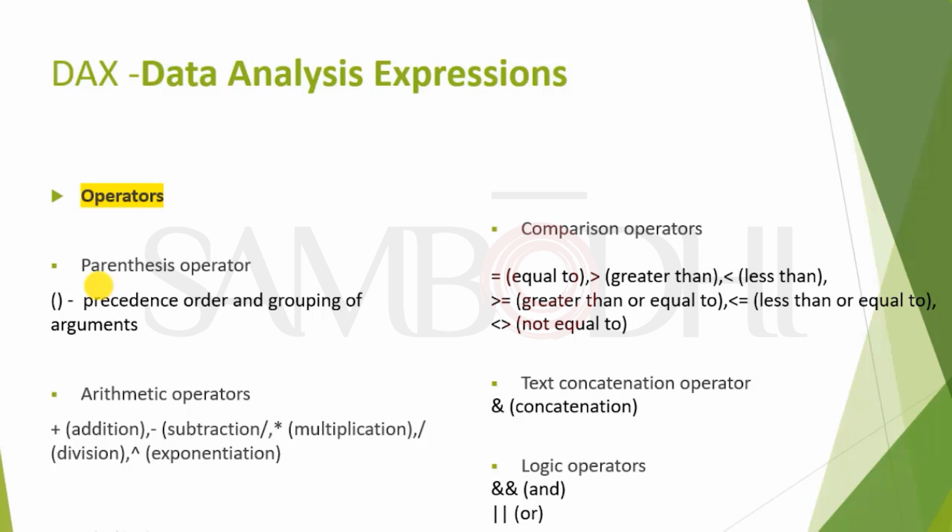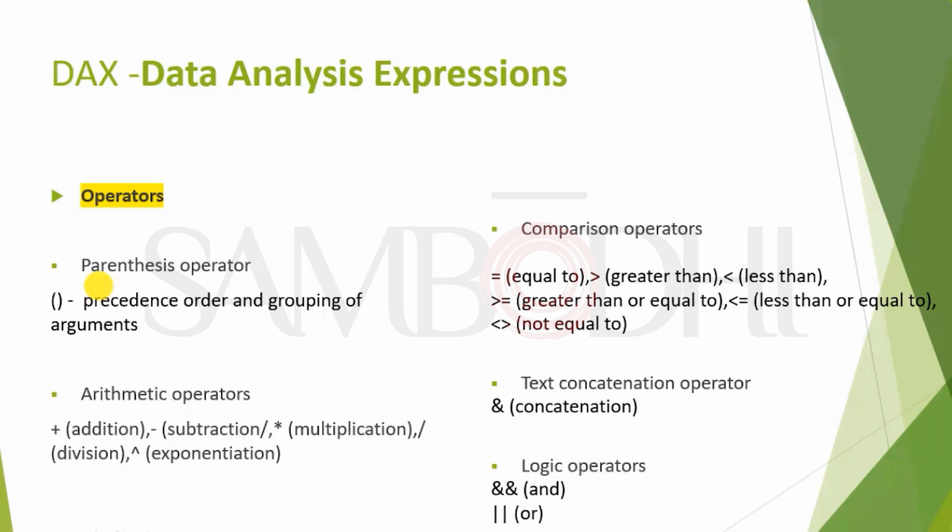That means if you have certain calculations to be done before other calculations take place, the system understands by considering the parentheses value to equate to a scalar or a tabular value first, and then uses that value for further outer calculations. So it always goes inside the parentheses and then moves on to outside.